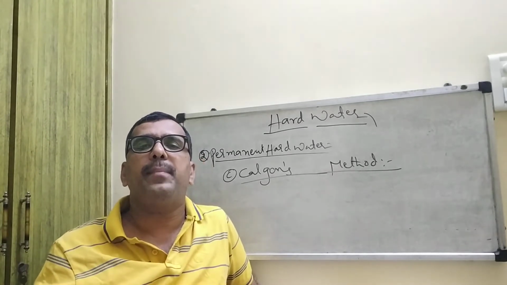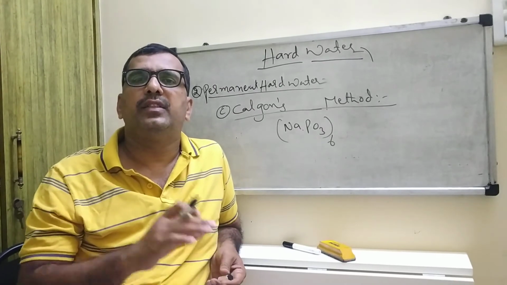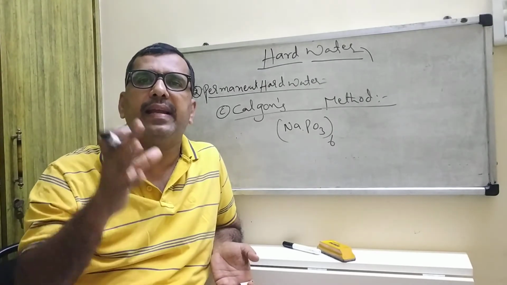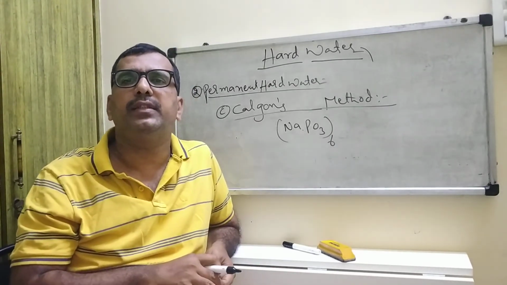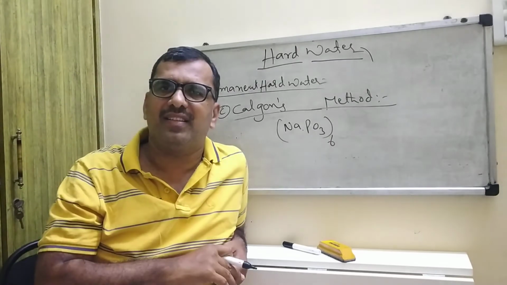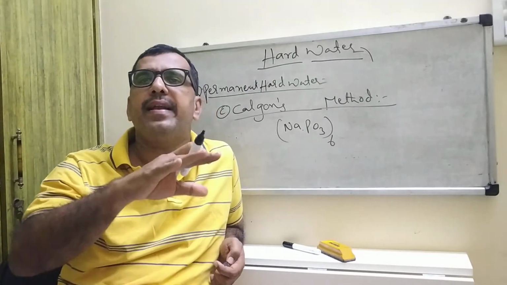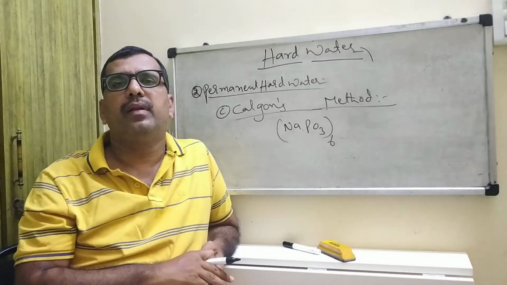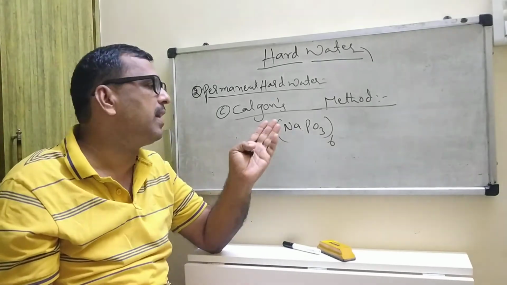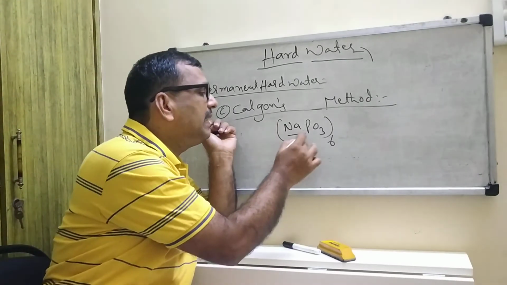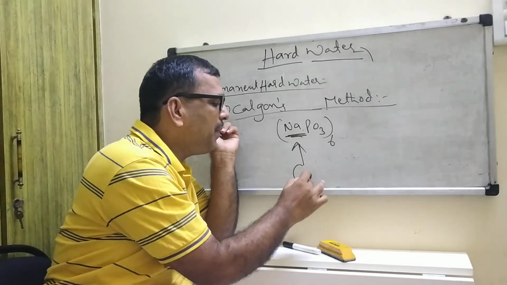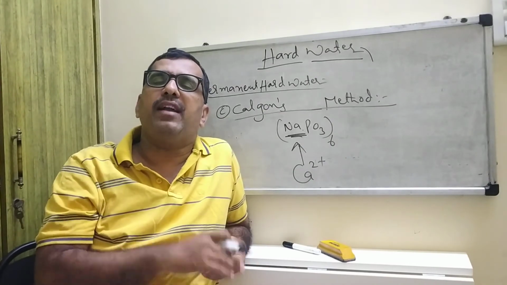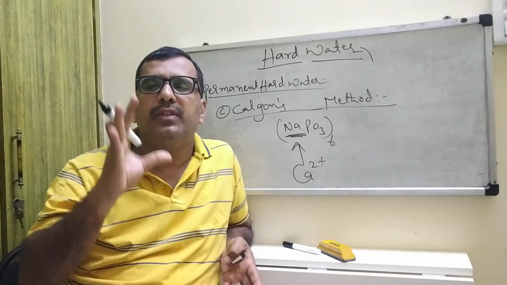So the hardness is removed by separating the insoluble complex salt. By the addition of sodium hexametaphosphate, the sodium is replaced by calcium ions. A complex salt is formed, it can be removed, and finally that hard water will become soft water.